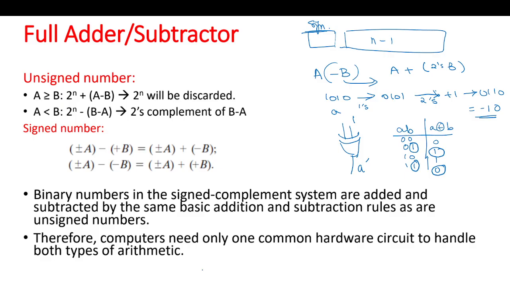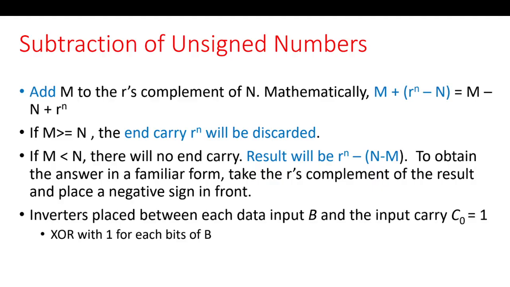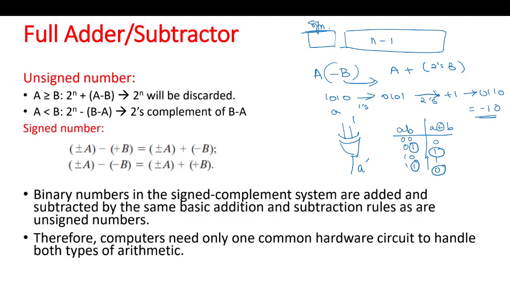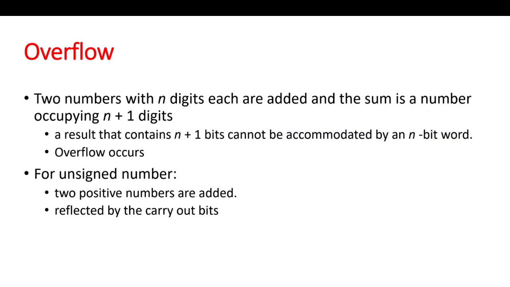And if we have one sign bit and n minus 1 bits, the range of two's complement is minus 2 to the power n minus 1 less than or equal to x less than or equal to 2 to the power n minus 1 minus 1.